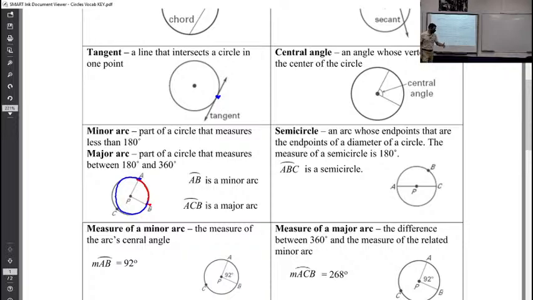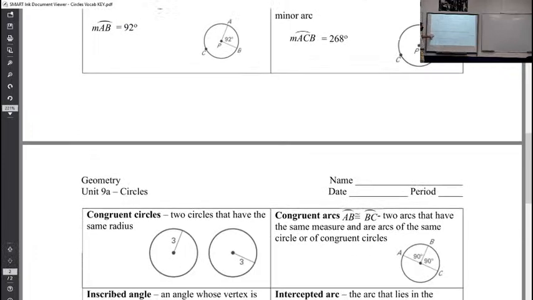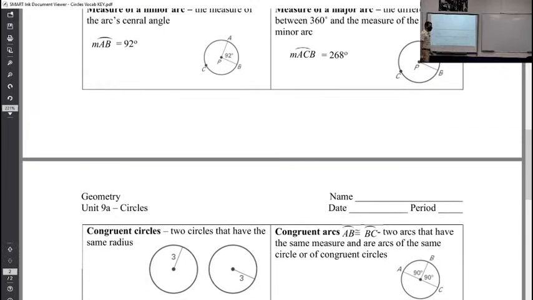All right, let me go on from here. Here are some easy terms: congruent circles and congruent arcs. Guess what? Congruent is going to mean the same thing it's meant the entire year, which is that things have the same measurement. 2 things that have the same measurement are congruent.